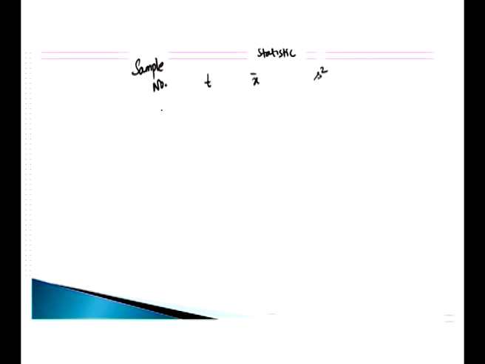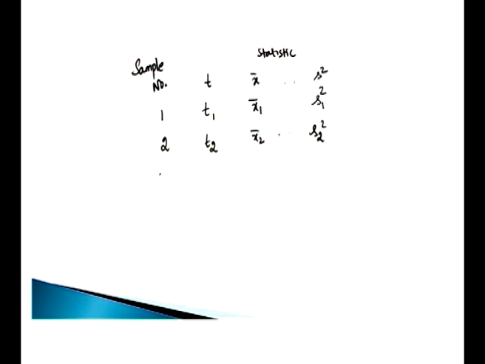When the sample number is 1, the statistic will be T1, the corresponding mean is x1 bar and the corresponding sample variance is S1 square. Similarly, for sample number 2, you have T2, x2 bar, and S2 square.